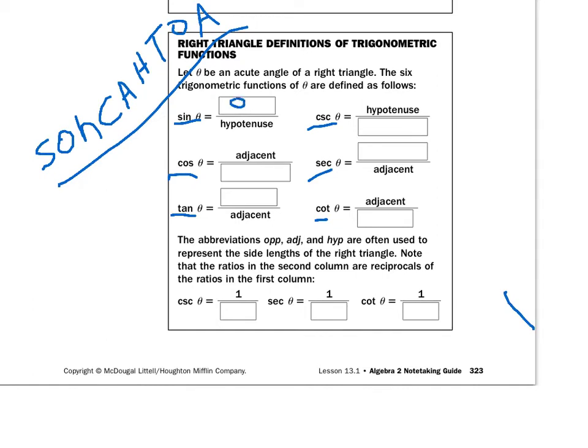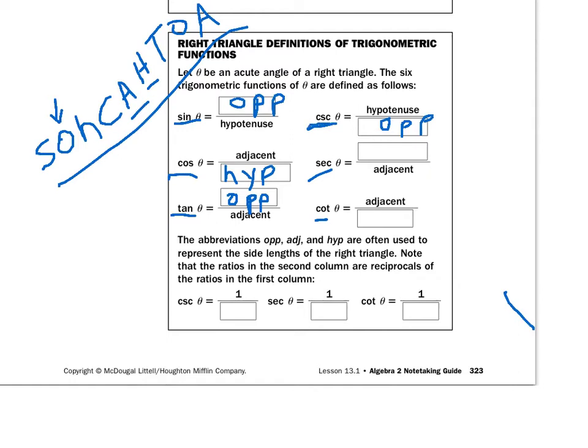Sine would be opposite over hypotenuse. Cosine would be adjacent over hypotenuse. And tangent would be opposite over adjacent. Now, cosecant is the actual reciprocal of sine, and so it's hypotenuse over opposite.